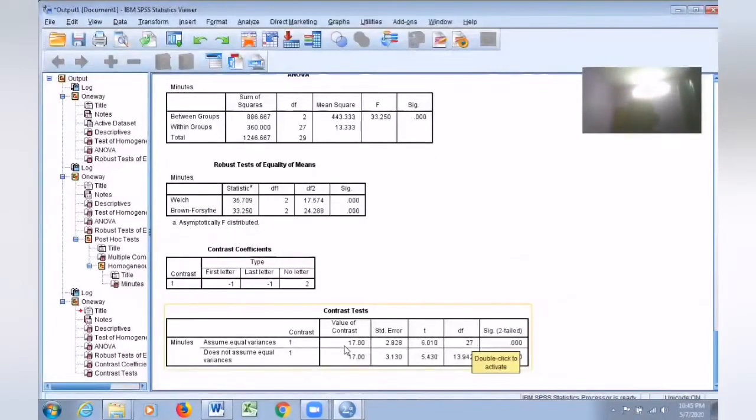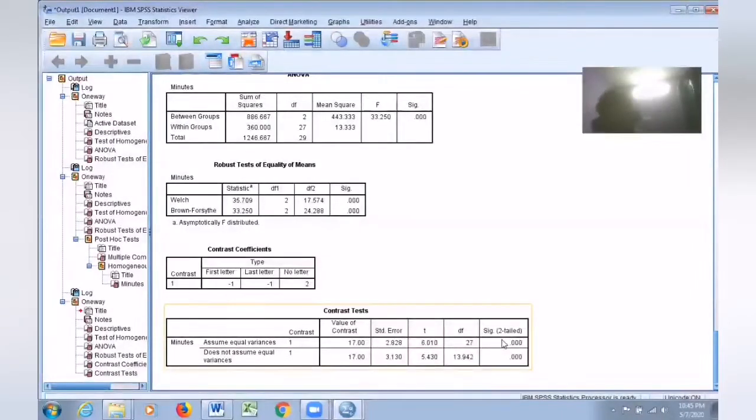You can see here the value of contrast, standard error, t-value, degrees of freedom, and our answer lies here, the sig value. The answer is 0.000. It means that the sig value is less than the cutoff value of the significance level of 0.05, and so the null hypothesis is rejected and the alternative hypothesis accepted.